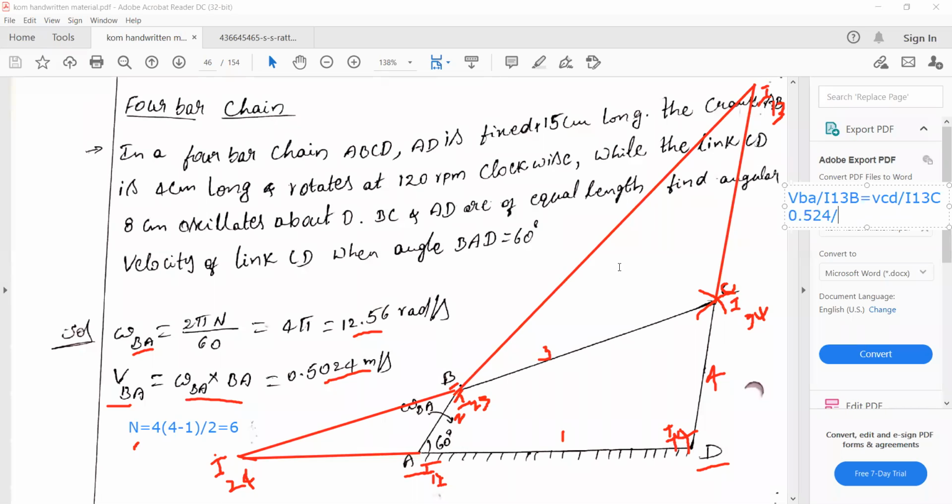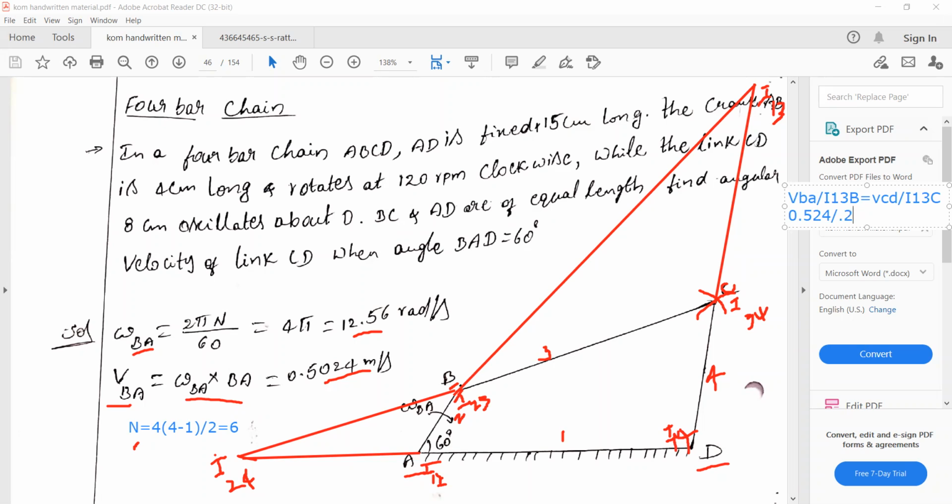So for example, I13B may come to 10 centimeter or 11 centimeter. 11 centimeter means 11 into 2, because we are reducing the size. 11 twos are 22 centimeters. So we may place it in meters.